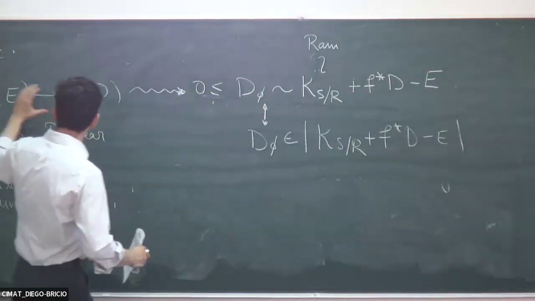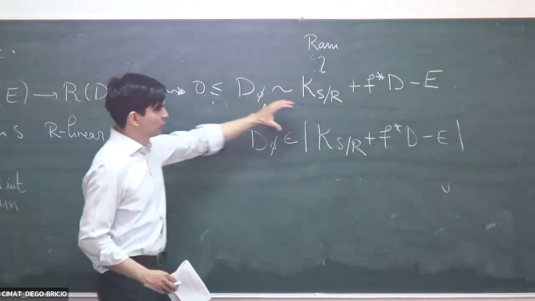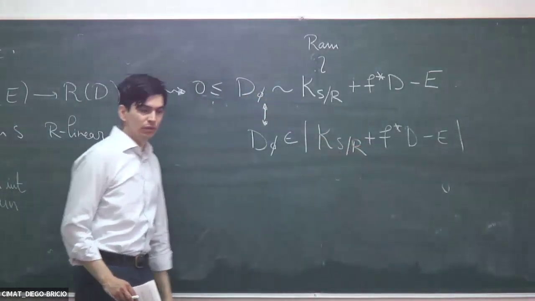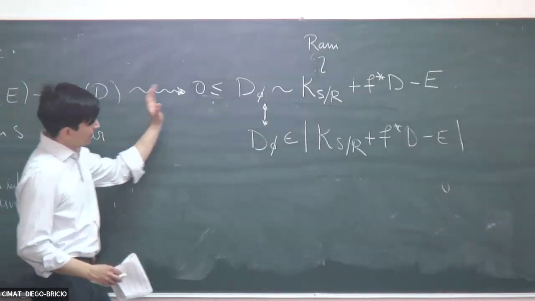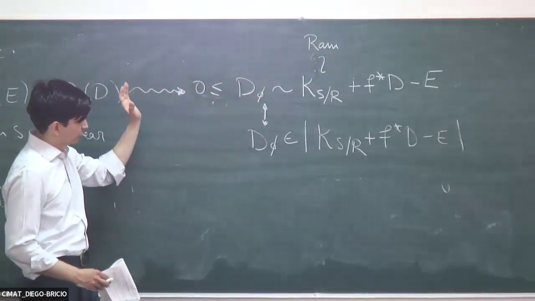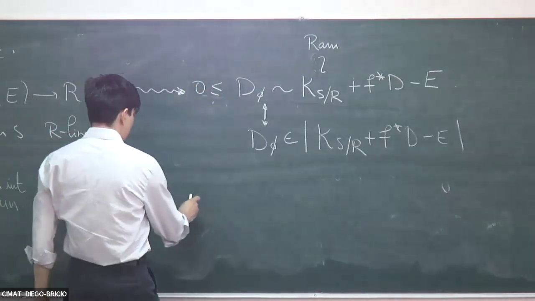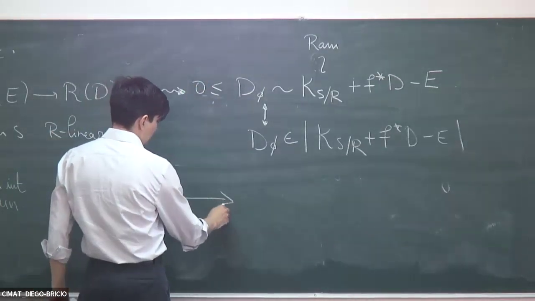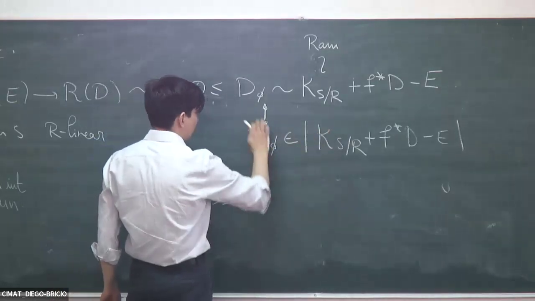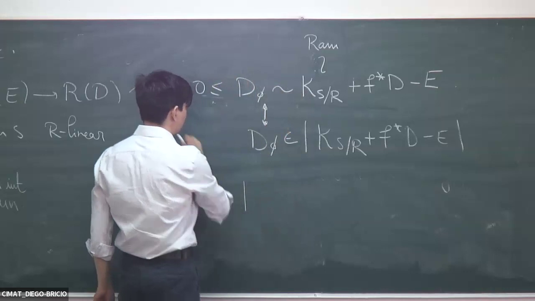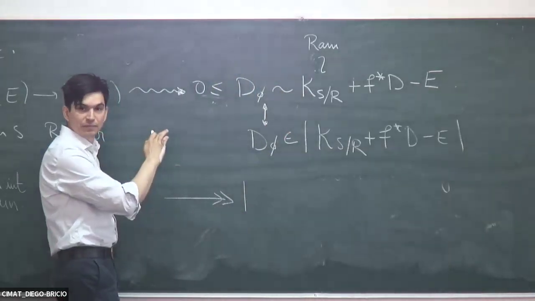So to a map phi there corresponds a D phi, and actually this mapping is surjective. So we have a surjective map to this linear system. Any divisor with this property is hit by a phi.